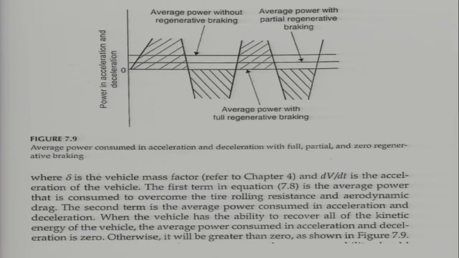Power in acceleration is above the x-axis, power in deceleration is below the x-axis. Suppose the vehicle is moving like this, and if you apply partial regenerative braking, this is average power without regenerative braking, this is average power with partial regenerative braking.